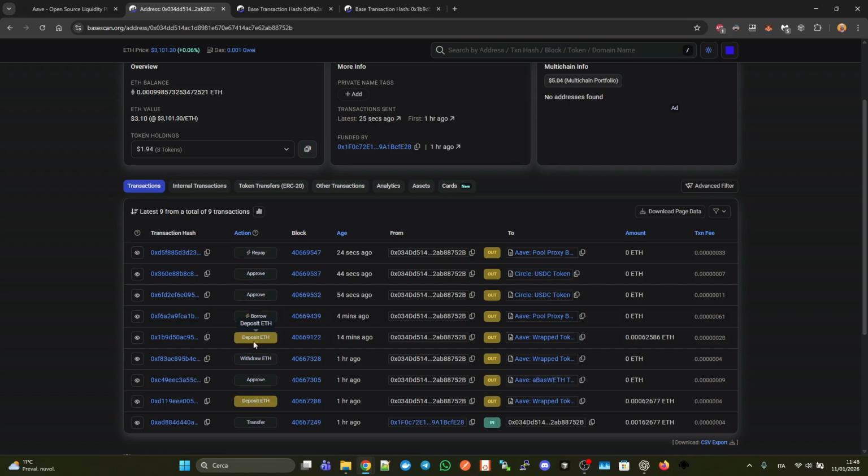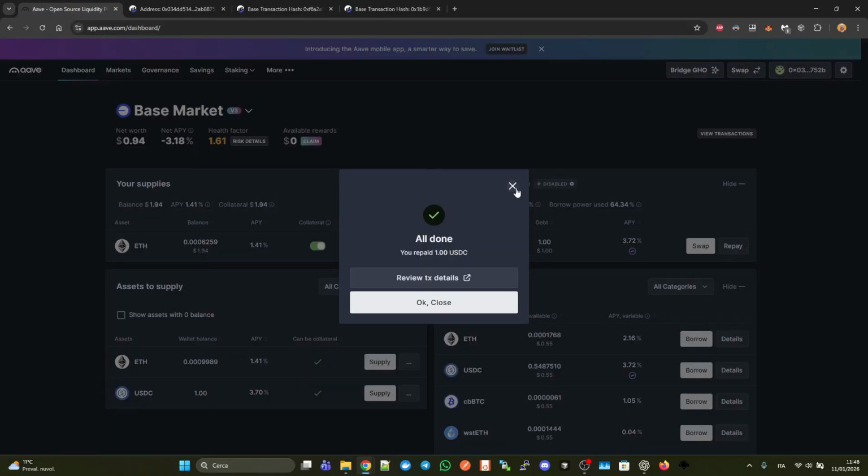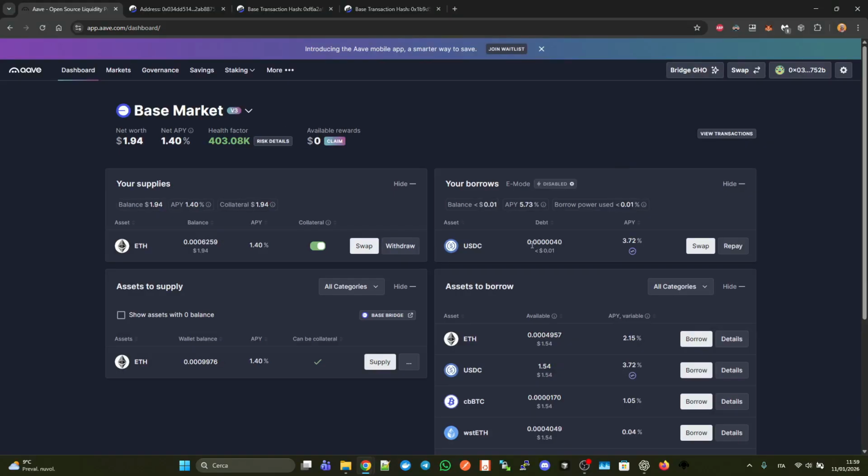Here we have deposited it into Aave. Of course, these are approve functions because we are interacting with the USDC token, so it always calls approve. So for some reason there is a very small part of USDC that has not been repaid.